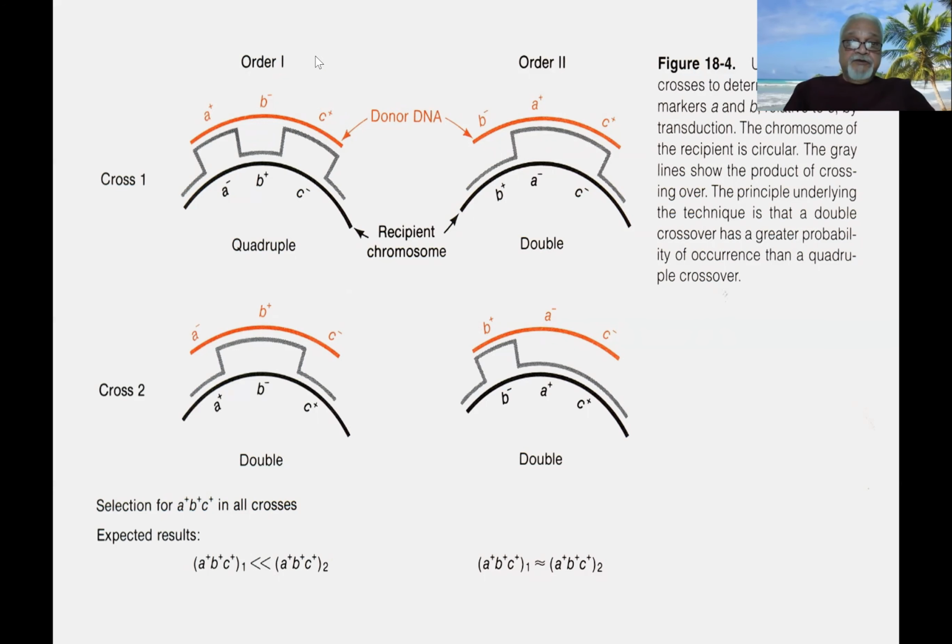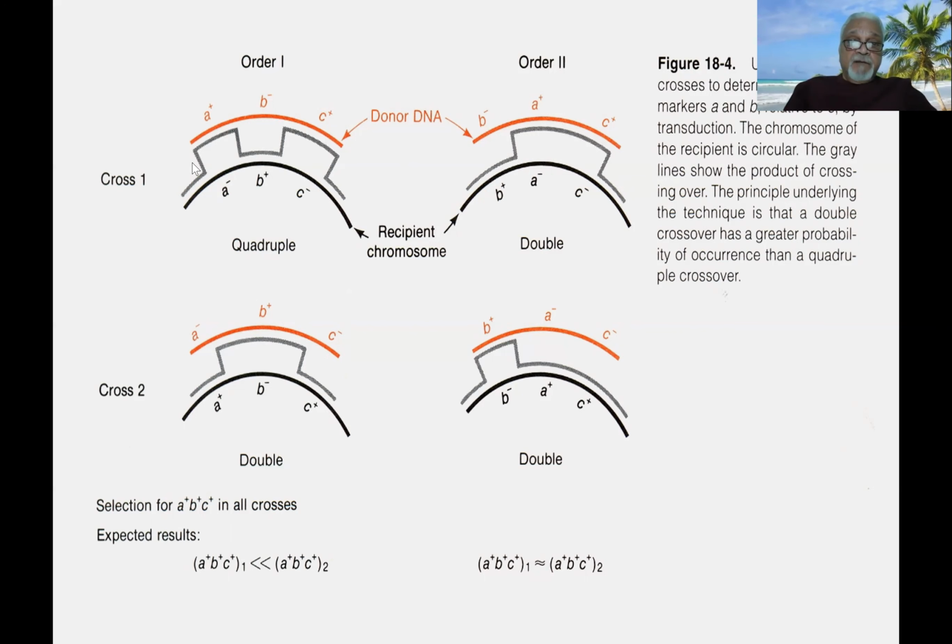So here you see we have considered two orders. One order is A, B, C. Another order is BAC. And this is what we want to decide, which one of the two is the actual order, whether it is ABC or BAC. ACB is ruled out based on the previous experiment.